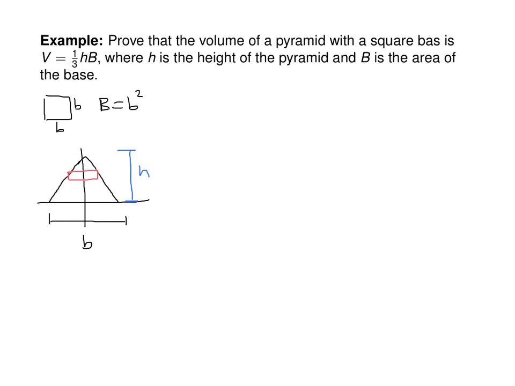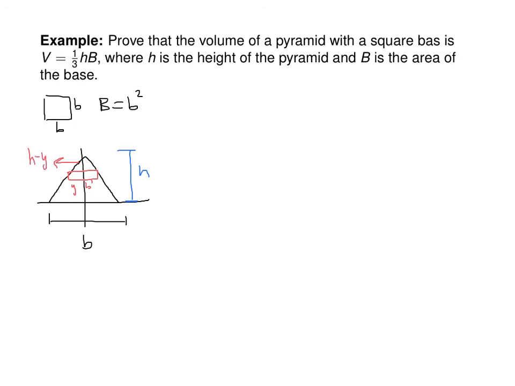Now what we need to know is what the area of a general square is, and to do that you need to use a little bit of geometry, similar triangles. So call this b prime, and the height up to that slice is y, which makes the height of this little bit up there h minus y.